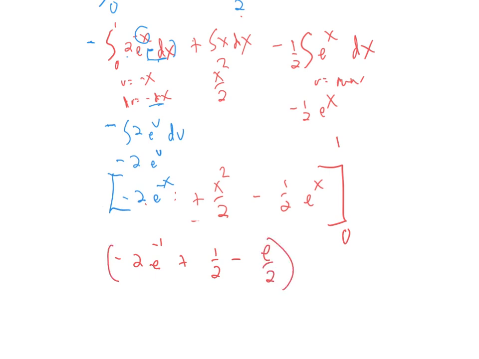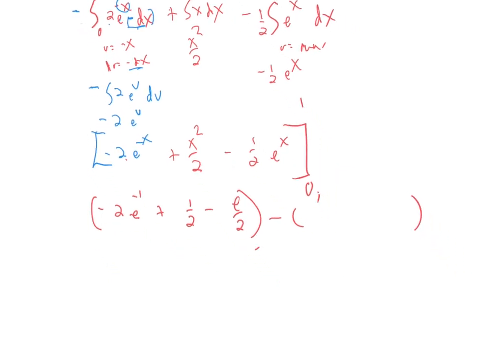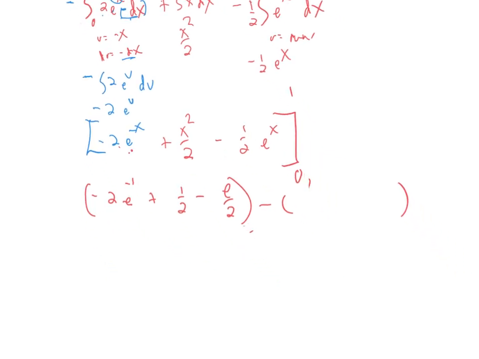All of that minus, plug in the 0, e to the 0, or e to the negative 0, is 1. 1 times a negative 2 is negative 2. 0 squared over 2 is 0. E to the 0 is 1. 1 times a half, that gives me a minus a half. This gives me a negative 2 over e plus a half minus e over 2 minus minus 2 plus 2 plus 0 plus a half.